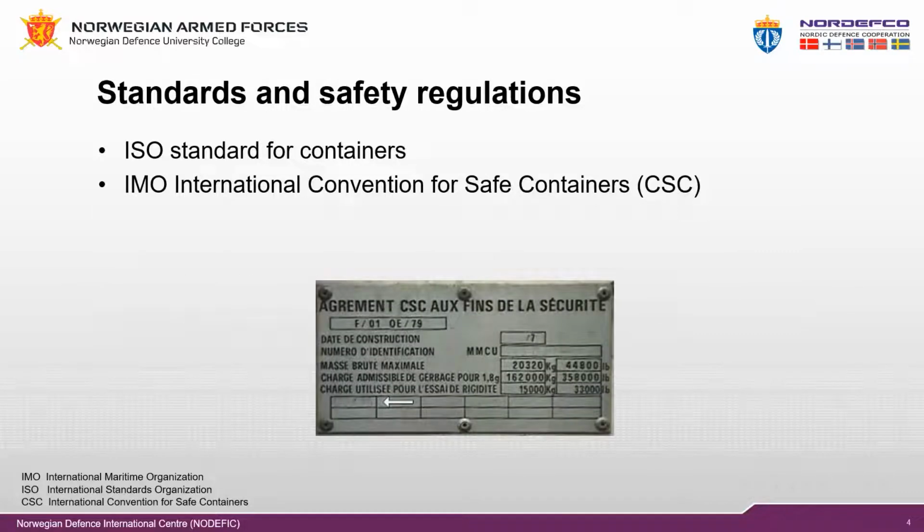The International Standard Organization published an ISO standard for containers in the late 60s, and in 1972, the International Maritime Organization, IMO, approved and implemented the International Convention for Safe Containers, CSC.